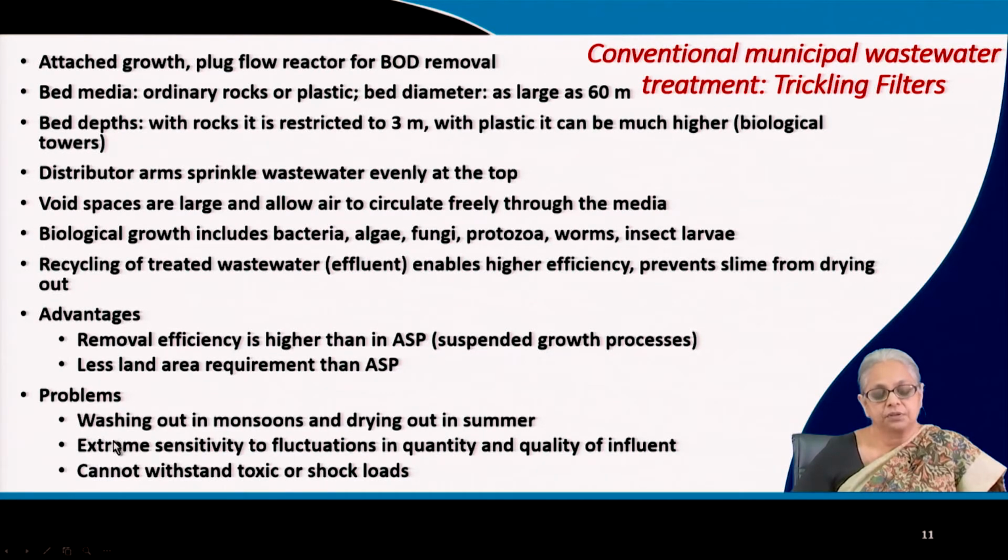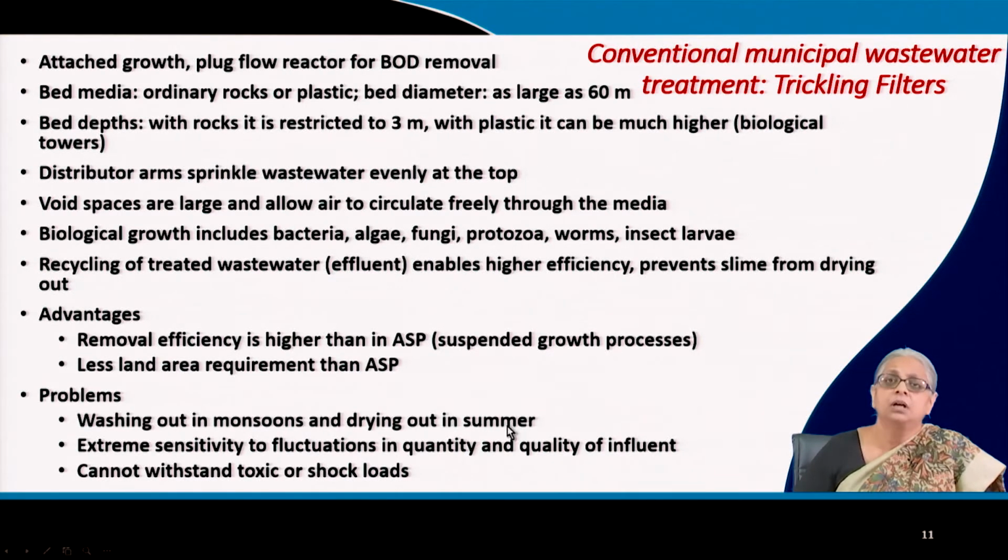What are the problems? The first major issue is the washing out in monsoon. So you imagine you have a trickling filter and it's open to the atmosphere. When you have a thunderstorm and a huge amount of water in the form of rainfall comes in, it will wash out all the biomass that has been growing on the surface of the rocks and other media.